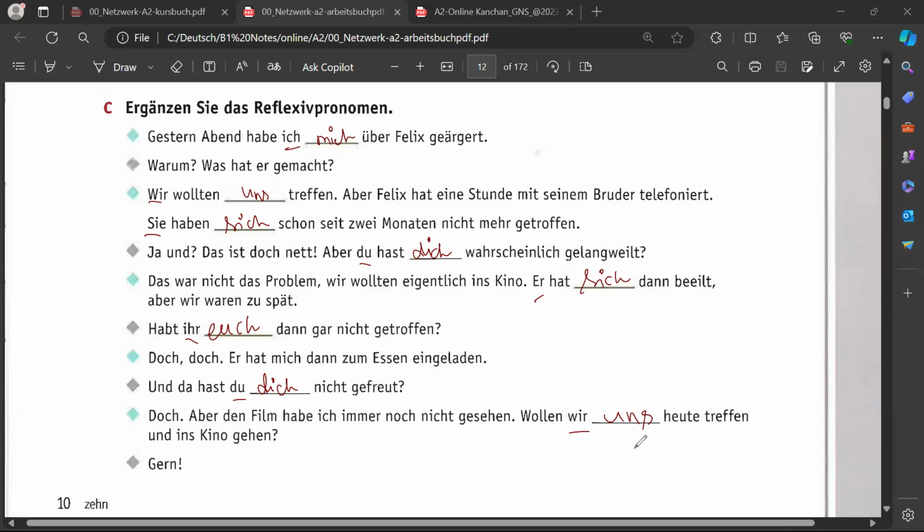Sie haben sich schon seit 2 Monaten nicht mehr getroffen. They haven't met for 2 months.